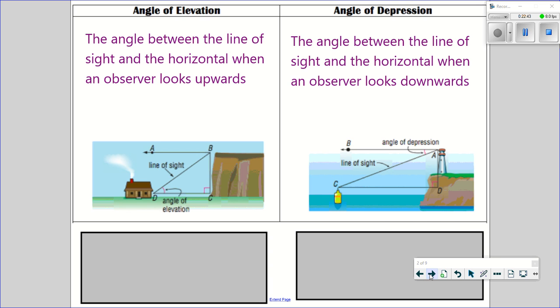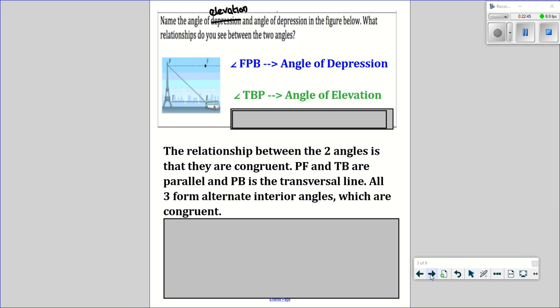And the angle of elevation and angle of depression are congruent. Think about two parallel lines, and you have that sight line, which is the transversal line which cuts through them. It creates special angle pairs, and that angle pair is alternate exterior angles, which are congruent. So this is where we say that the angle of depression and angle of elevation are congruent.